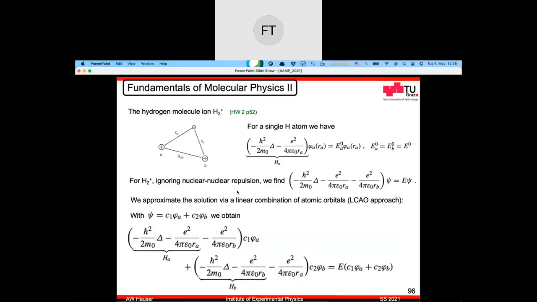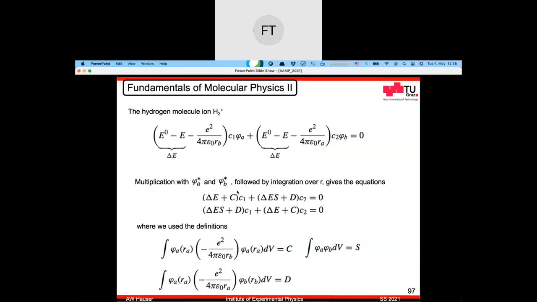So that's what I have on the left side. On the right-hand side, I have the corresponding energy eigenvalue multiplied by my expression for the total electronic wave function.